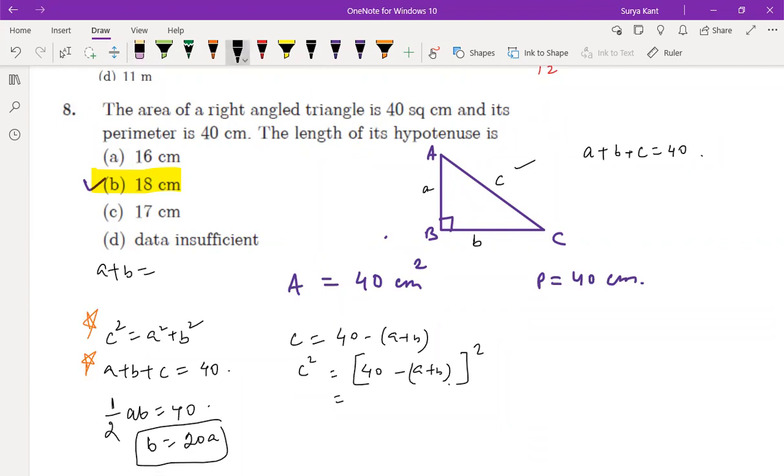After that expansion, you will get 22, a plus b. Alright, so C equals 40 minus a plus b, equals 40 minus 22, equals 18. We'll get the answer.